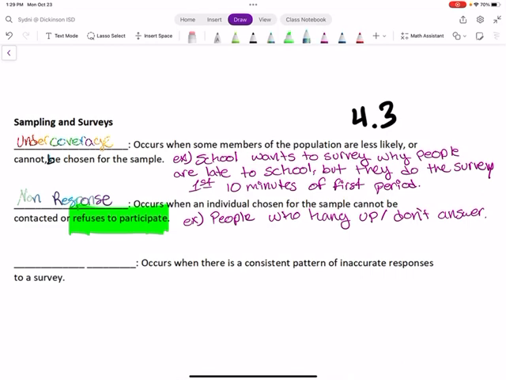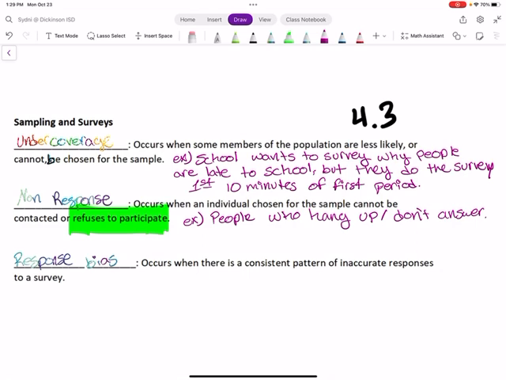Now the third kind is called response bias. Okay, so response bias occurs when there is a consistent pattern of inaccurate responses to a survey.